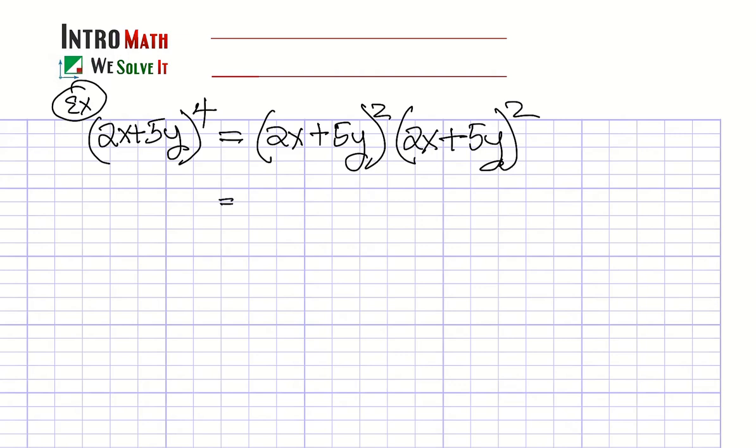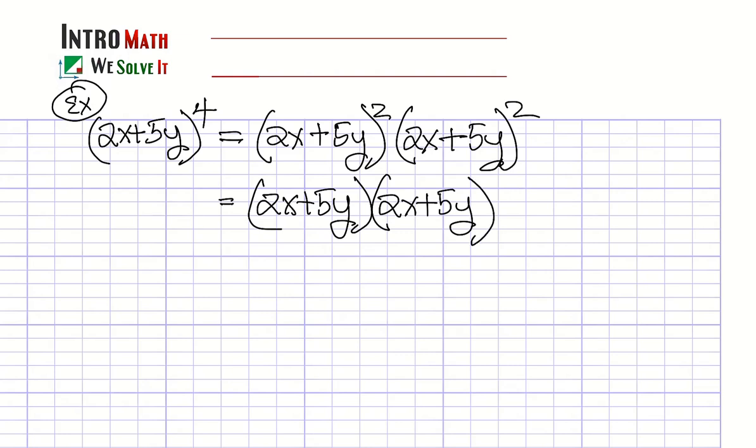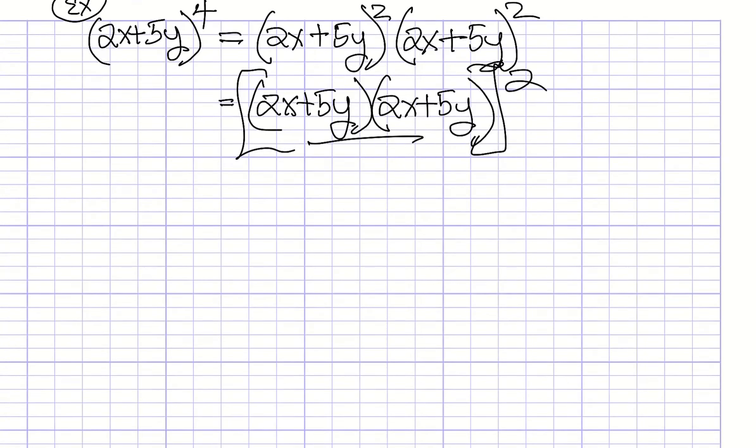Notice you can write this as 2x plus 5y, all of them raised to the power 2, so we can deal with that and then put the exponent back. I don't know if it's better to do it that way, but let's try that.